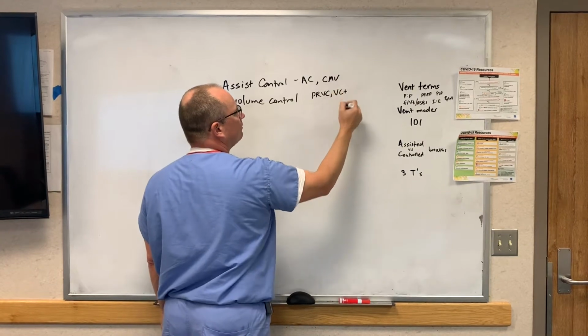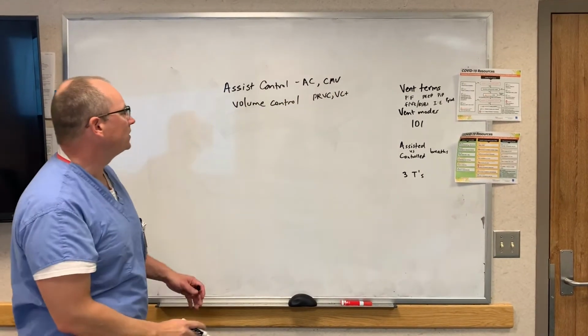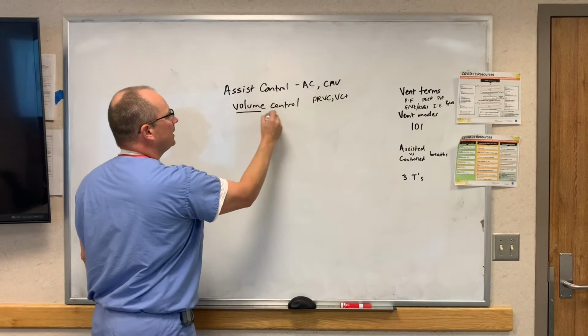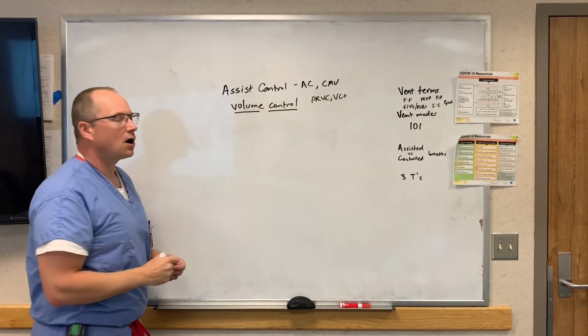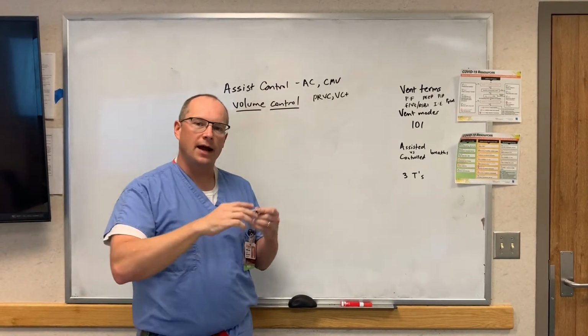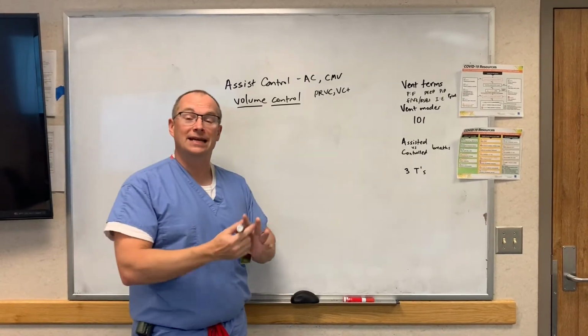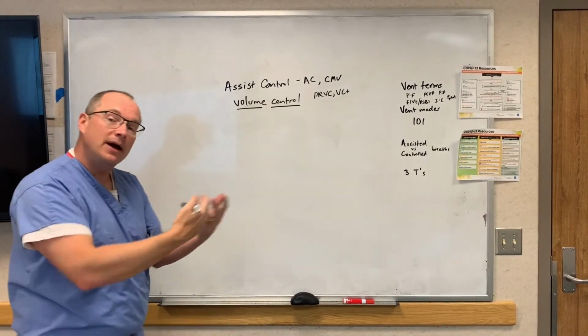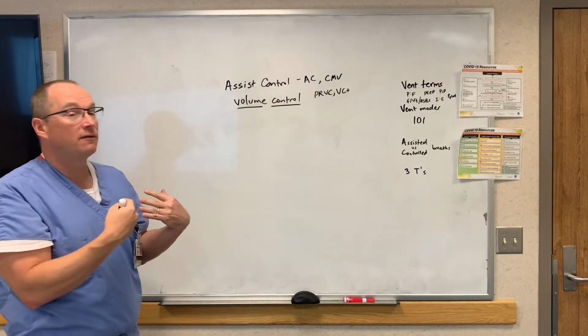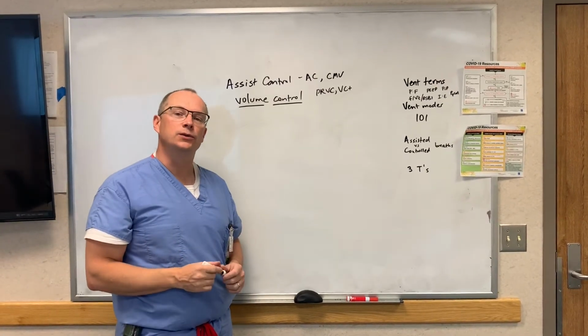This might be VC plus. Whatever is the case, what we're really talking about here is volume control. We're talking about you as the provider and as the operator of the ventilator providing volume and setting a volume, and every breath that that patient is taking in from the ventilator is gonna get that volume that you set.